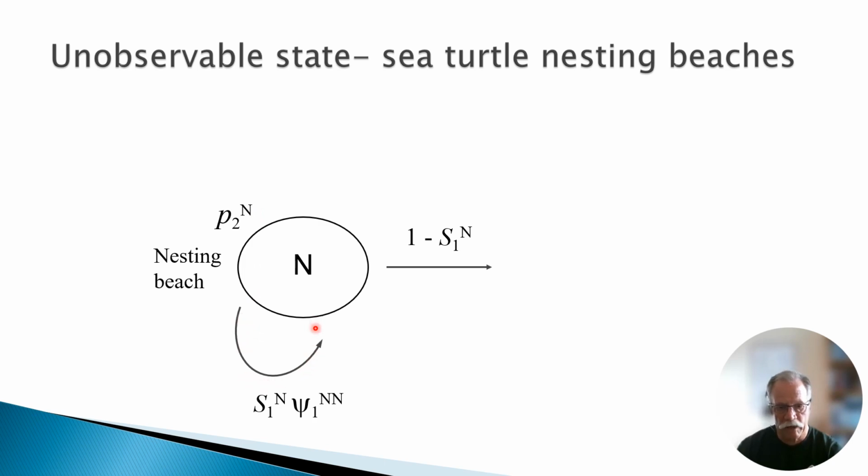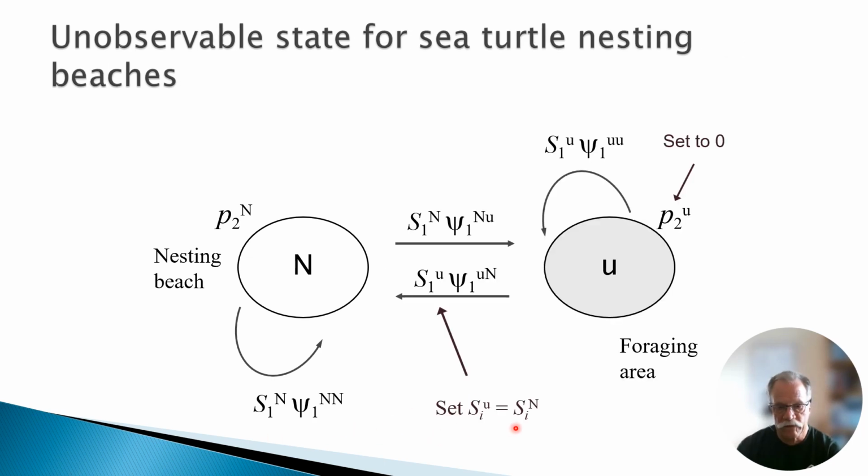We can estimate their survival and their propensity to come back to that nesting beach as a product of S sub n and phi sub nn. But then you think, well, the only other estimate we can come up with is the probability of not surviving. But if we make an assumption, we can do more than that.